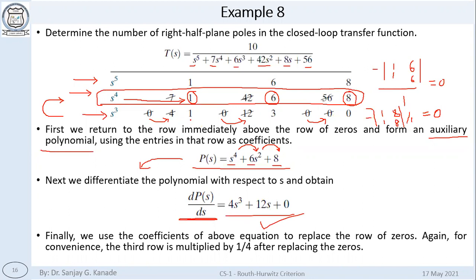We can take out 4 as common, and what remains is 1 and 3. So finally, for s cubed we get the new row, which is 1, 3, 0.